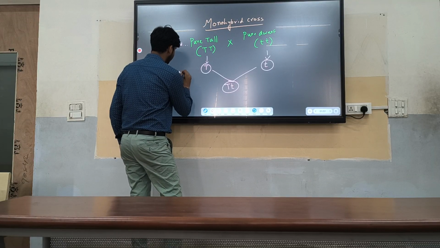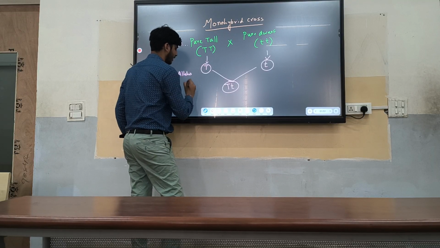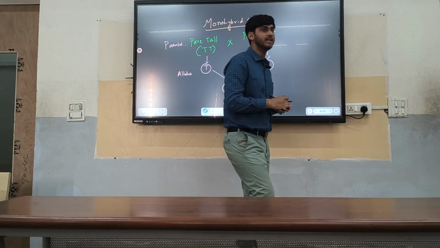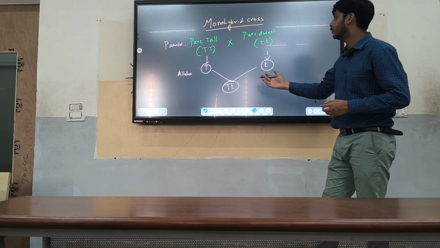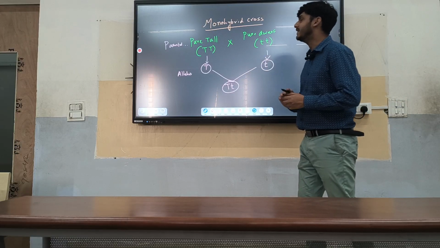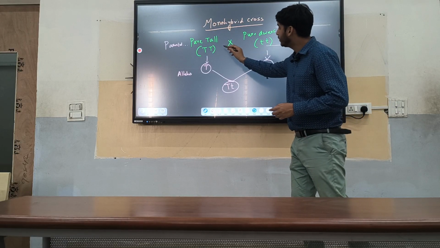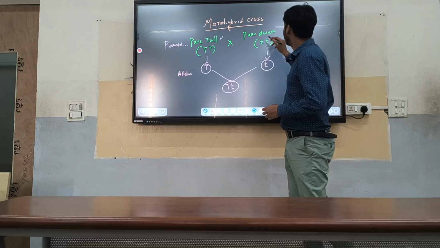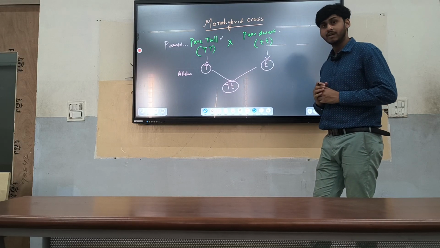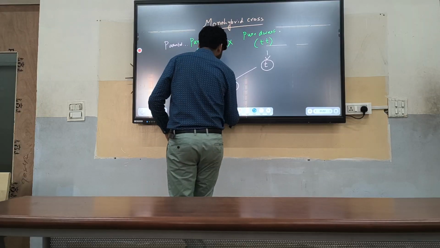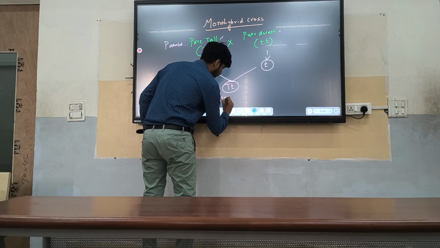So these are the alleles, and capital T and small t is the character that is getting produced from these two alleles. Means when you are crossing the pure tall and the pure dwarf, you get a capital T small t product. That means it is a hybrid tall.